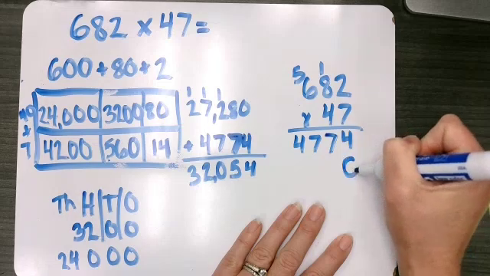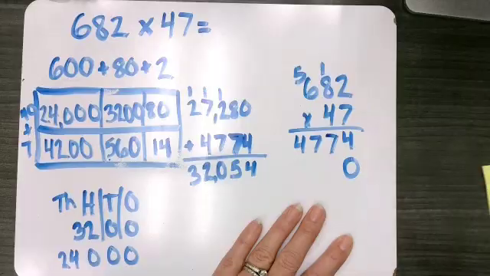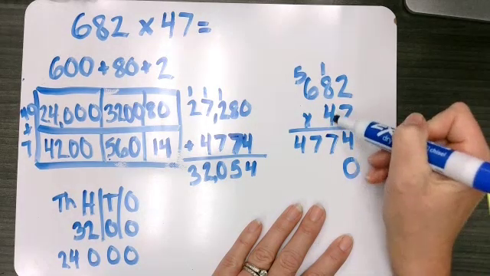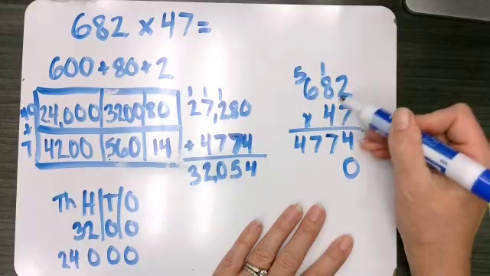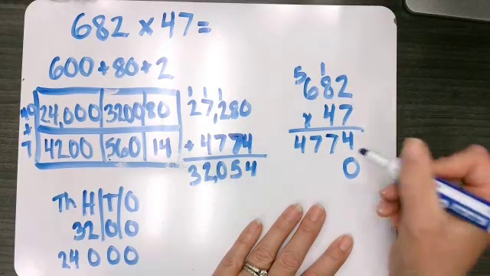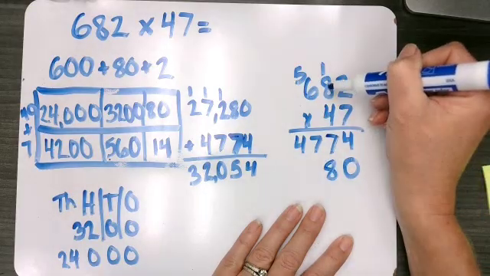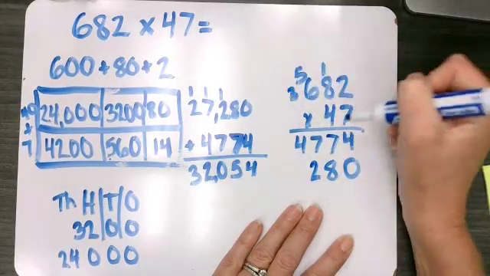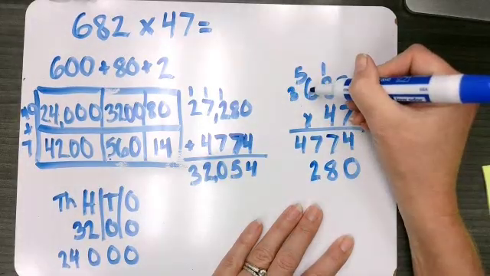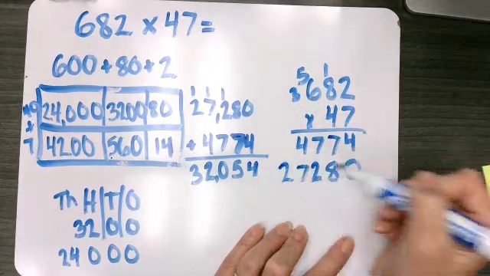Now we'll put the 0 here. The reason we put the 0 here is we're not just multiplying 4. That's what we're thinking in our head to make it easier for us, but it's 4 tens, or 40. So 4 times 2 is 8. 4 times 8 is 32. We have to regroup again. And 4 times 6 is 24, but don't forget we regrouped, so we have 27.